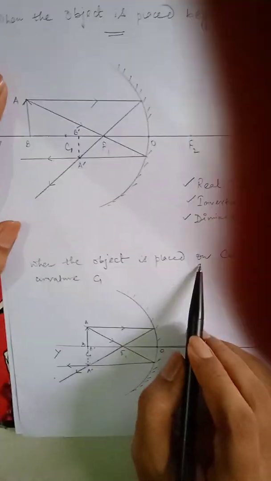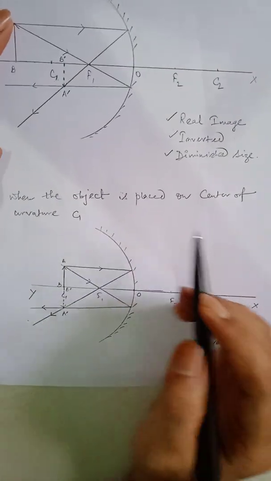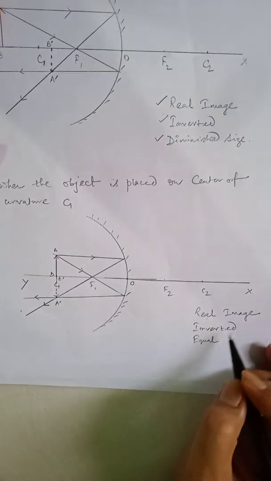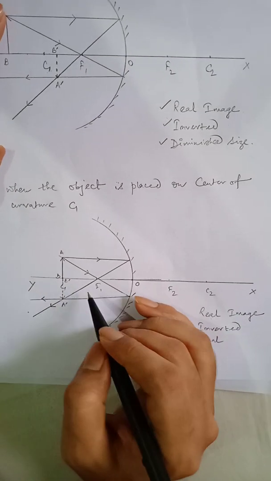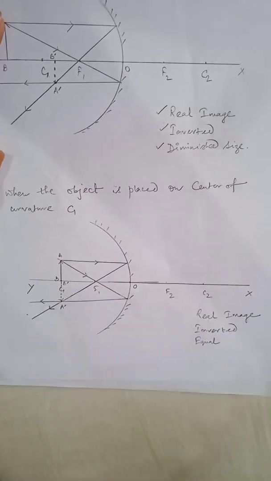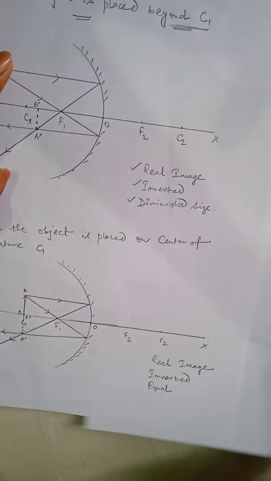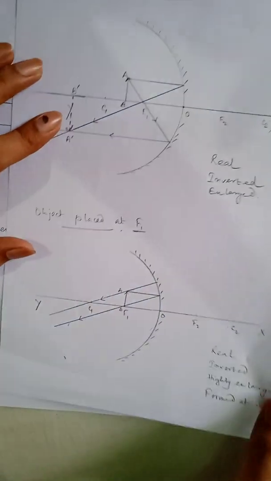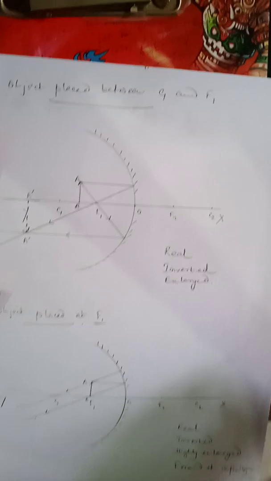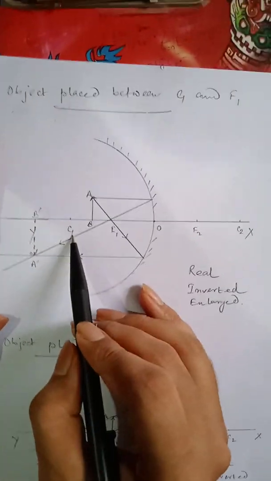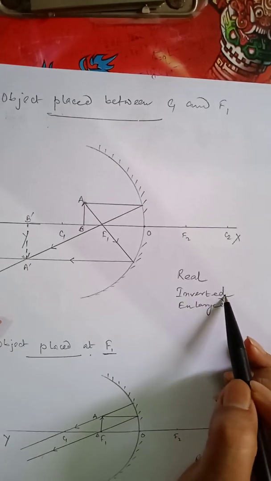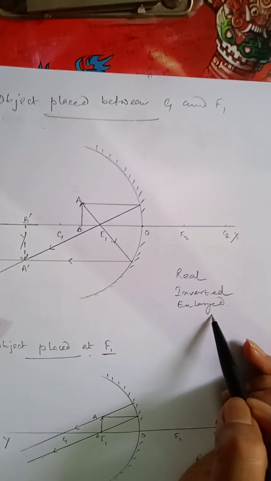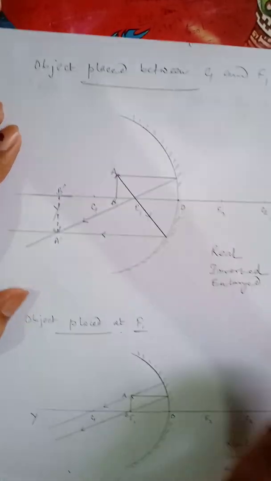Next, when the object is placed at the center of curvature C1, the image is real, inverted, equal in size to the object, and the image is formed at C1 only. While when the object is placed between C1 and F1, the image formed is real, inverted, but in this case enlarged, and beyond C1.